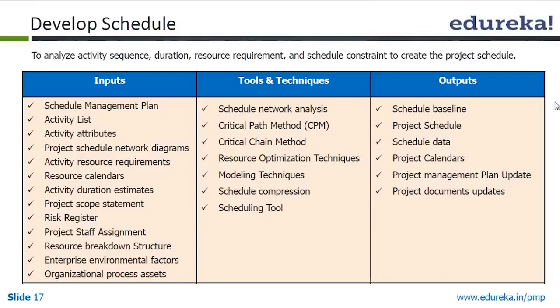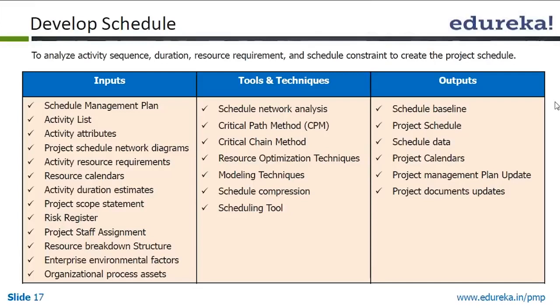Once all this is done, we have the activities, the dependencies, the resources, and the estimation for each activity. Now we develop the schedule to analyze activity sequence, duration, resource requirement and schedule constraint to create the project schedule. Schedule management plan, activity list, activity attributes, schedule network diagrams, activity resource requirements, resource calendars, activity scope statement, risk register, project staff assignments, resource breakdown structure, EEF and OPA are your inputs.